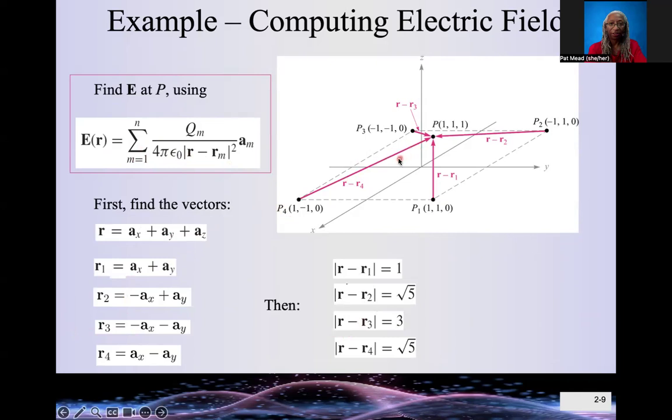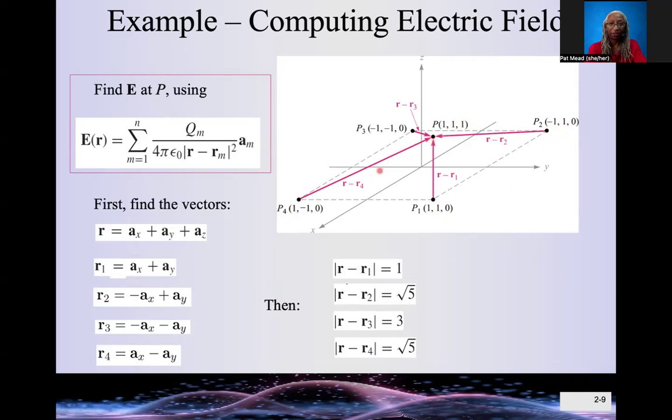So let's see. Here's P1. Here's P2. Here's P3. And here's P4. They're located at the corners of a square: (1, 1, 0), (-1, 1, 0), (1, 1, 1), and (1, -1, 0). And here's your point, P (1, 1, 1). That's where you want to compute your electric field.